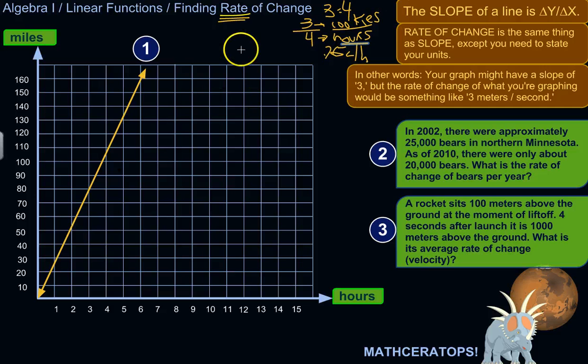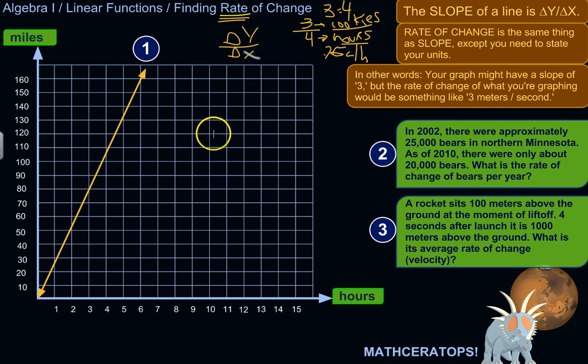So now looking at the slope of a line, ignore these labels, ignore these numbers for a second. The slope of a line is rise over run, or as I like to just say, the change in y over change in x.